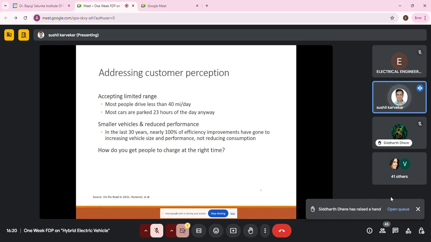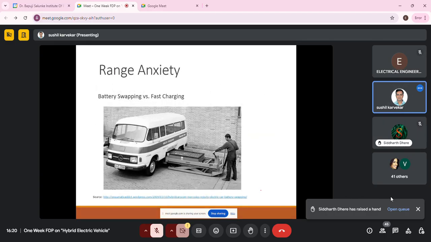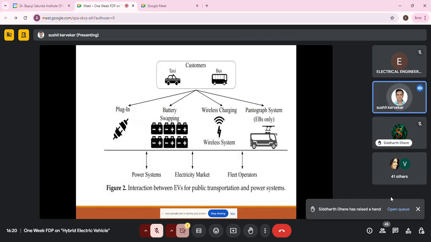This is something we should think about before going ahead with procuring electric vehicles. There is also an alternative approach called battery swapping in case of emergencies. We can replace the batteries, and we can go ahead if we want to travel long distances or if it's a critical situation. So that approach is there.